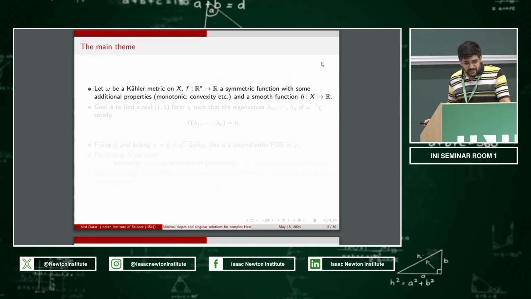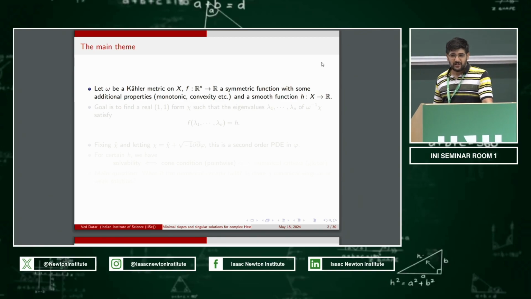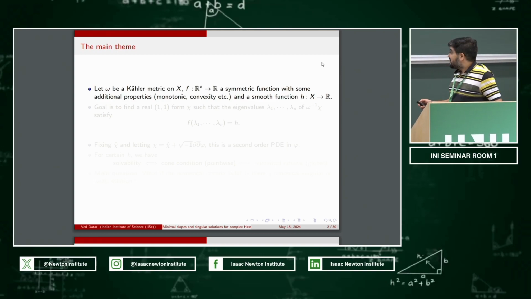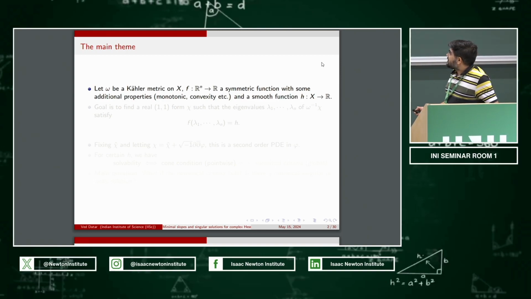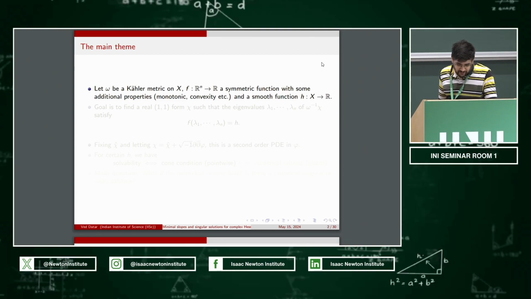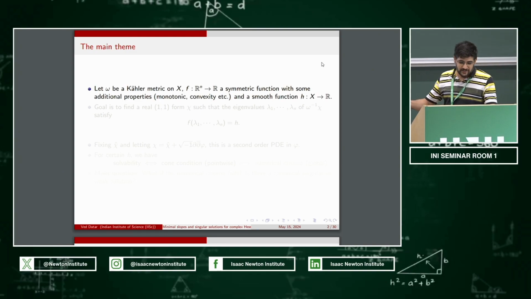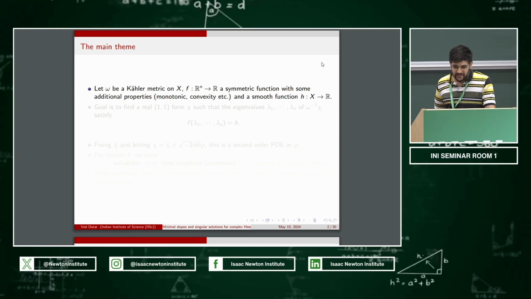Okay, so the general theme is going to be the following. The setup is that let omega be a Kähler metric on X, a Kähler manifold, and f is a symmetric function of n real variables with some additional properties, usually some convexity, some monotonicity that guarantees ellipticity of the PDE that you're working with.